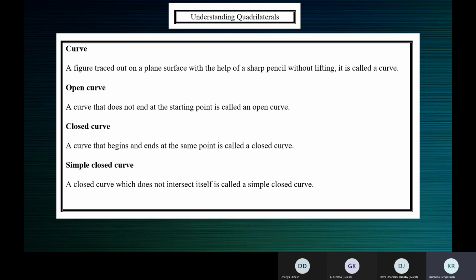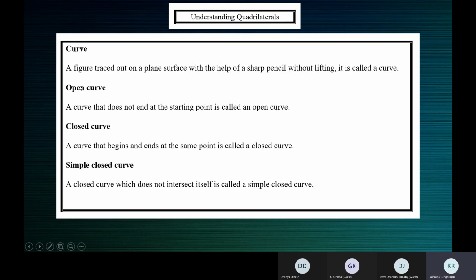So that completes cubes and cube roots. This is our next chapter, understanding quadrilaterals. So let's understand the meaning of these terms. Curve, open curve, closed curve, simple closed curve.